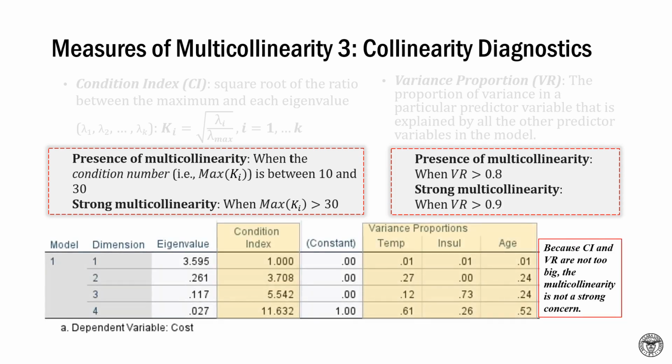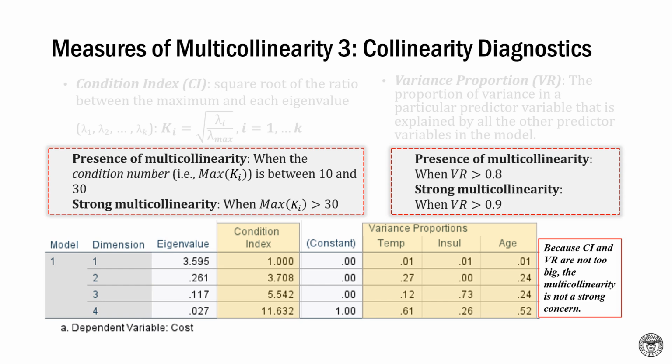In the table obtained from SPSS, most condition indices fall below 10, with the exception of the fourth variable, age. However, the corresponding variance proportions are 0.61, 0.26, and 0.52, all of which fall below 0.8. Thus, while multicollinearity is a concern, it is not severe.